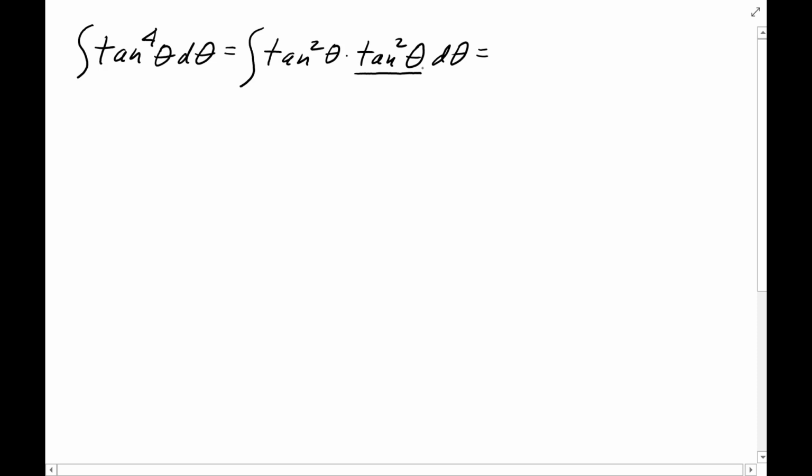So it's going to be secant squared theta minus 1. And then I'm going to distribute this tangent squared through that parentheses.